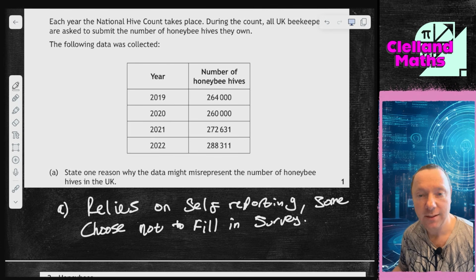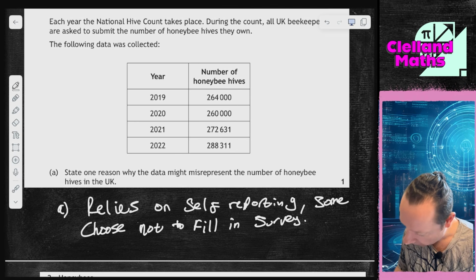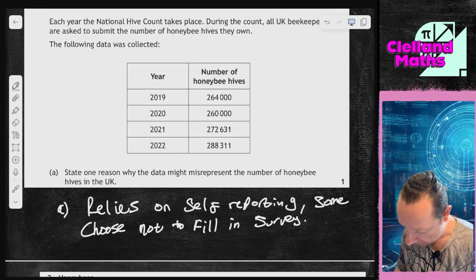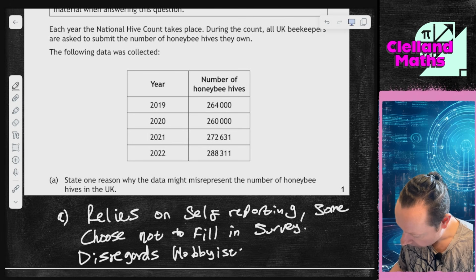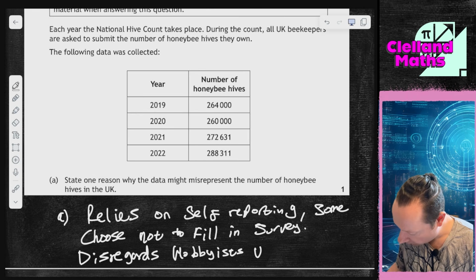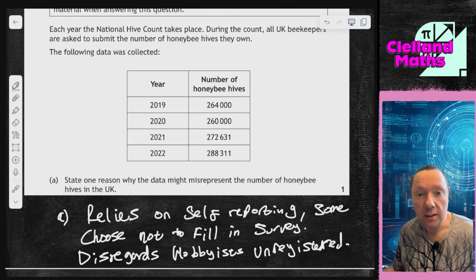Also, I think it misses people like amateur honeybee hobbyists. So another option could be that it disregards hobbyists. It might disregard hobbyists that are unregistered. Something to do with it doesn't capture everybody, in other words.